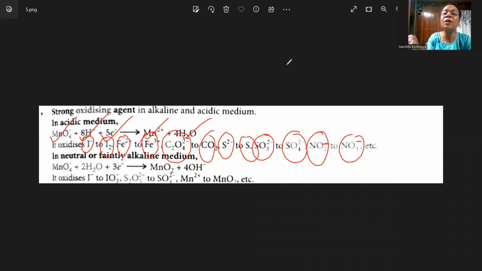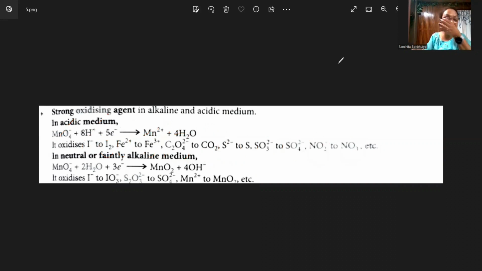Now there is a small difficult question with potassium permanganate, and that is sometimes you are given I minus, but notice the medium is neutral or faintly alkaline. At that time MnO4 minus changes to MnO2. Remember, not Mn2 plus. Look at the condition.